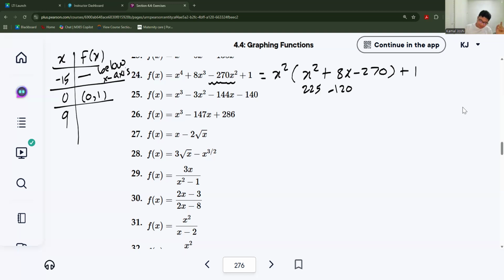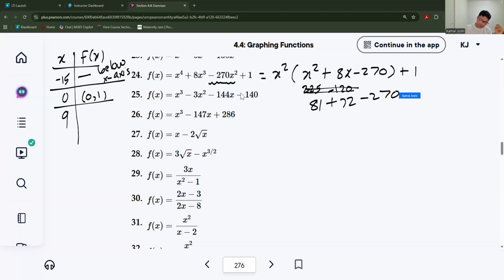And similarly, when you plug in 9, you are still going to be negative, because if I plug in 9, that's 81 and that's 72, but still you have minus 270, right?